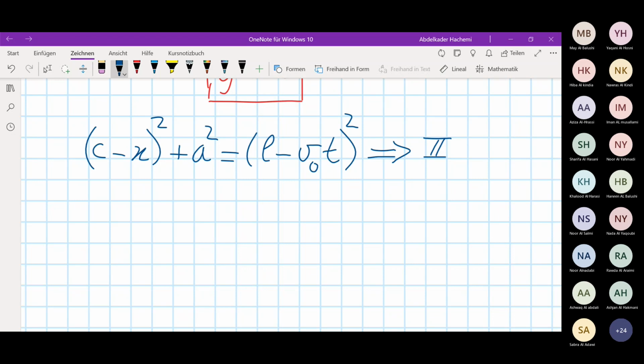Now, if I take triangle 1, we have L equal to the square root of A squared plus C squared. This is from triangle 1.